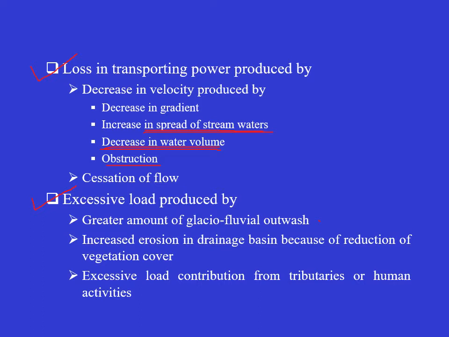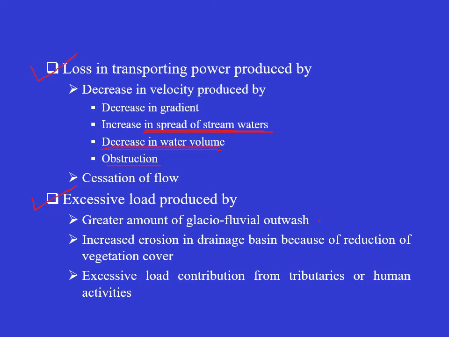So a higher amount of load, a higher amount of sediment within the water, requires a very low energy drop to deposit. That means it starts the deposition process sooner compared to a lower amount of load within the water.